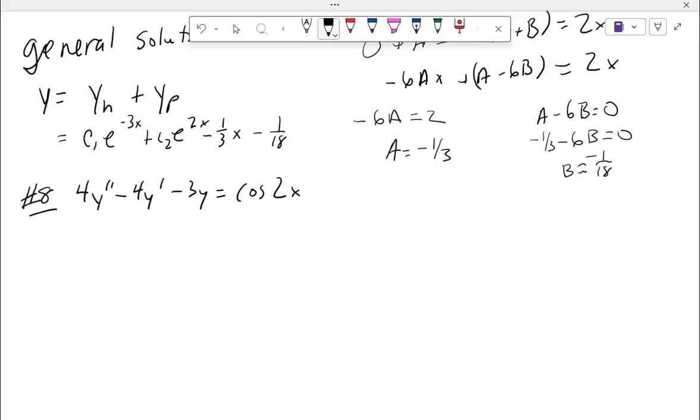First step. Yeah, find the homogeneous solutions, right? So what's your characteristic equation in this case? 4x squared minus 4x. Good.